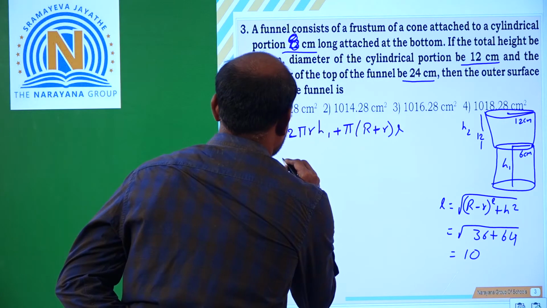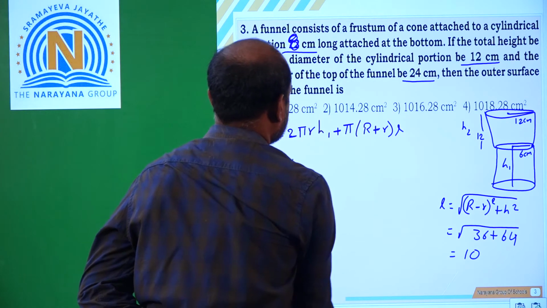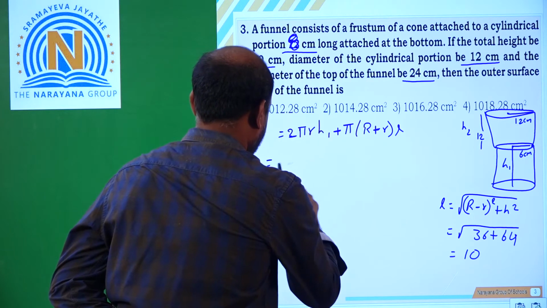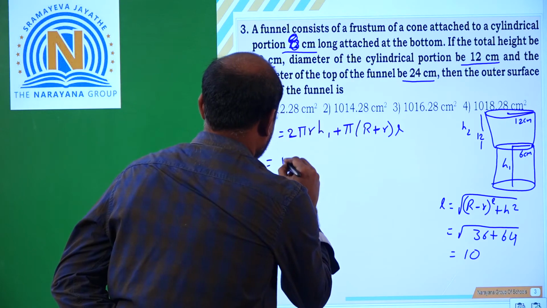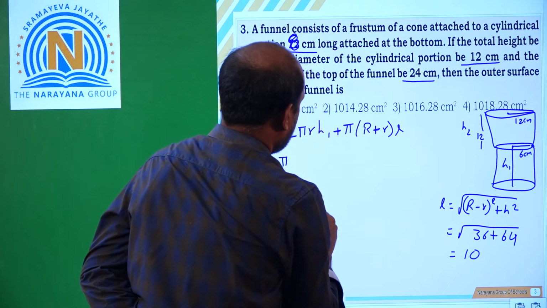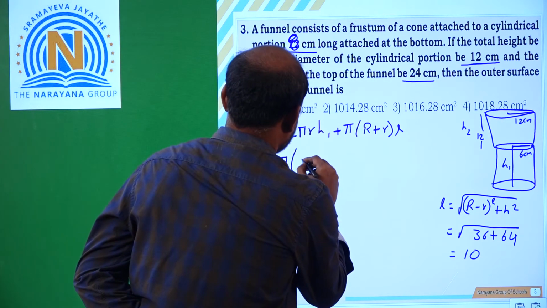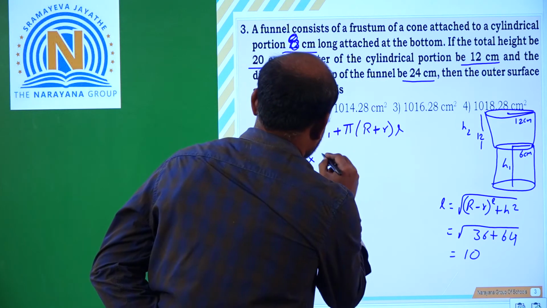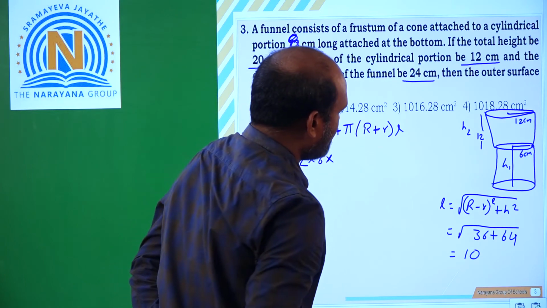So that is equal to 2 into, here you take pi common, 2 into, what is r? r is nothing but 6, into what is the height?